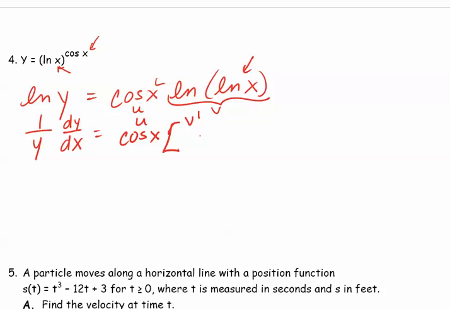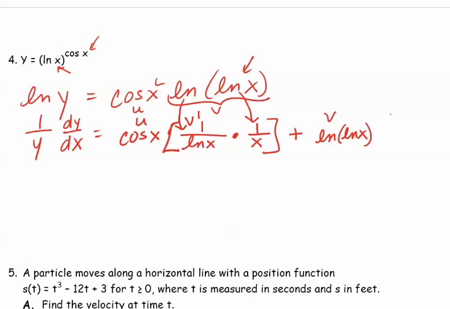So let's think carefully about that. The derivative of this natural log would be 1 over its argument times the chain rule on its argument. So there's our v prime plus our v term times our u prime. The derivative of cosine x is negative sine x.